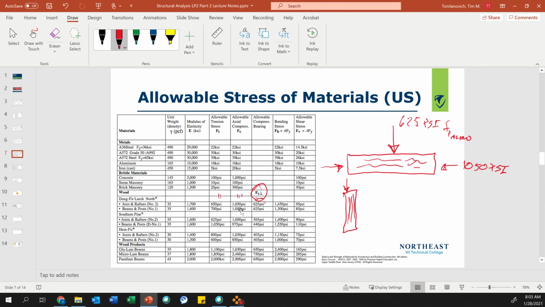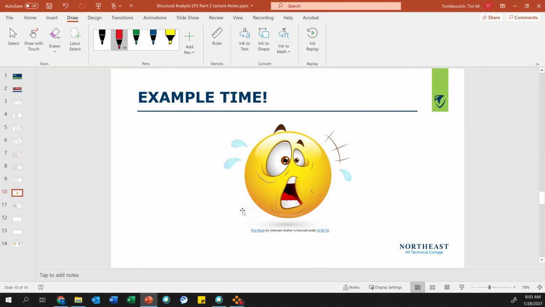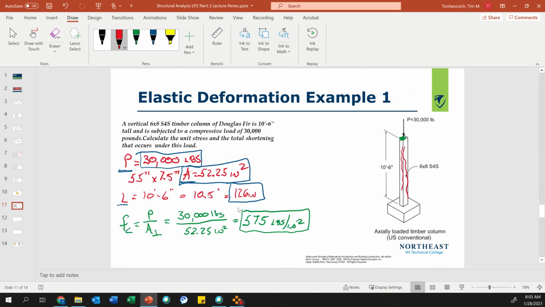Allowable compressive stress parallel to the grain is 1,000 psi. So this is less than 1,000 psi. We're good, because remember that 1,000 psi is in the elastic zone of that modulus, that slope of the modulus of elasticity. So we're okay.